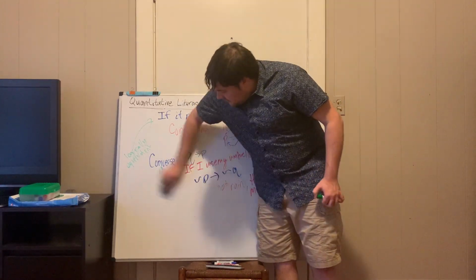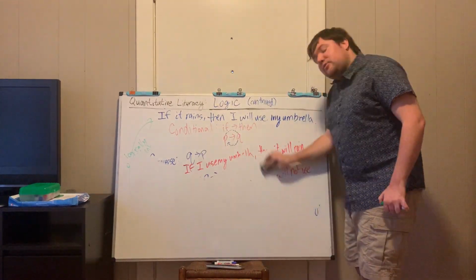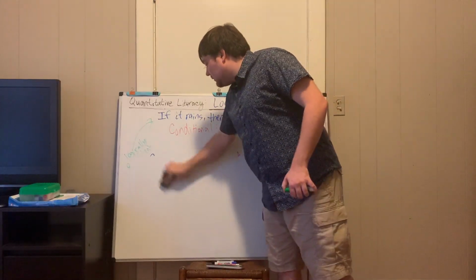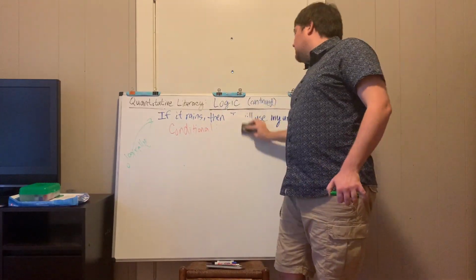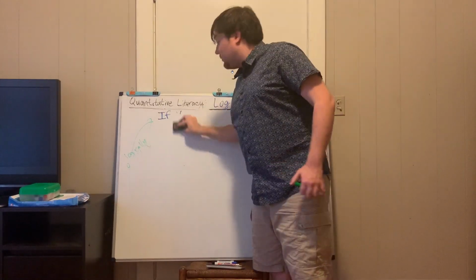If you have a hard time trusting that, let's look at the truth table for the contrapositive. So now we're finally getting to a more complex truth table.